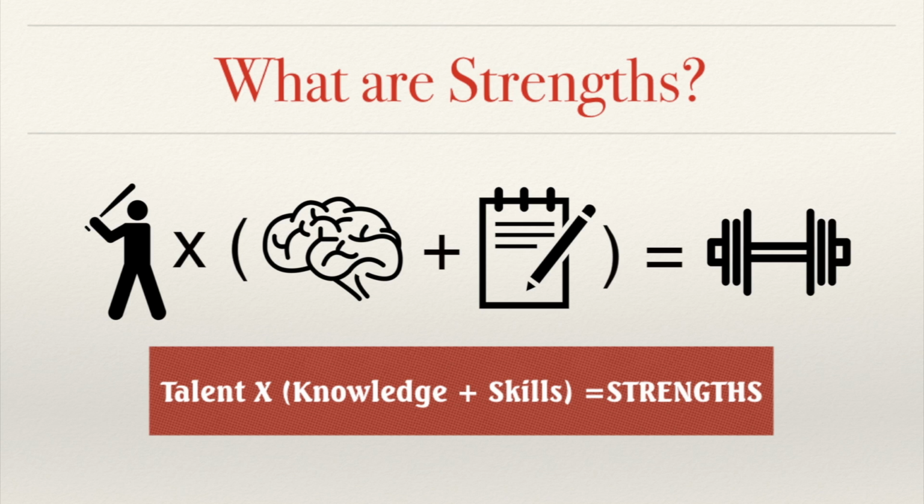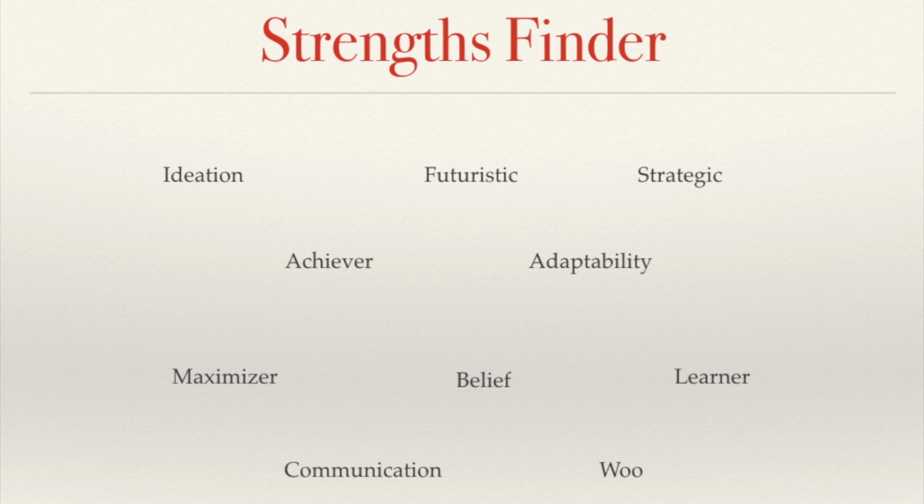And when you took the Clifton StrengthsFinder, you were notified of your top 5 strengths. There are 34 themes or strengths in the StrengthsFinder, and the top 5 themes are your strengths. This is published by the Gallup Association.